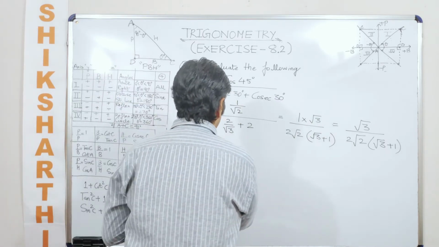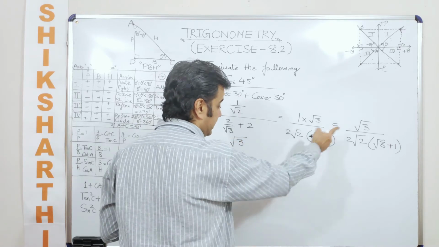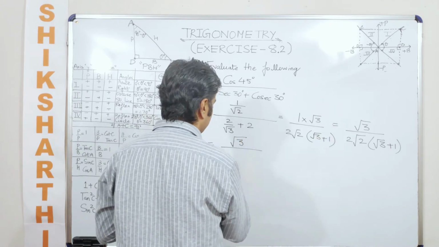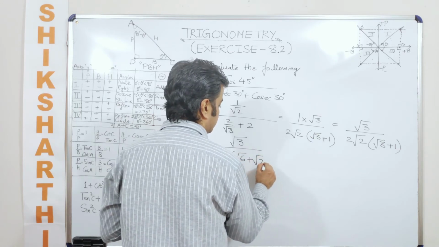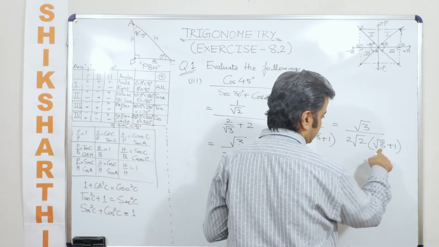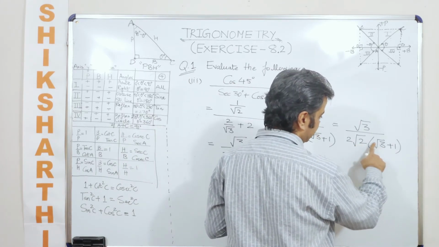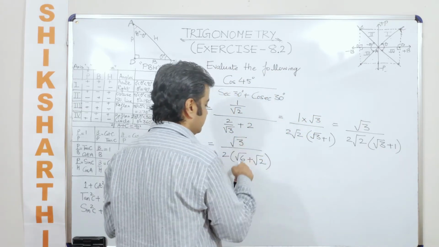So now when I have to rationalize the denominator, I know that this expression which I have written on the right hand side can be further written as, we just need to multiply root 2 with this. Root 2 into root 3 is root of 2 into 3, which is root 6, and root 2 into 1 is root 2. So once you have done this, now how do I rationalize the denominator?